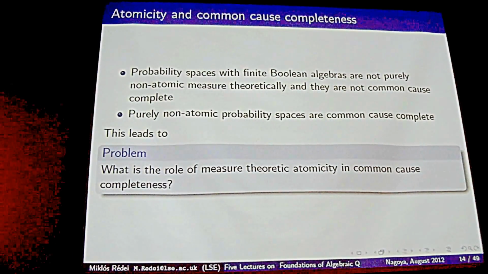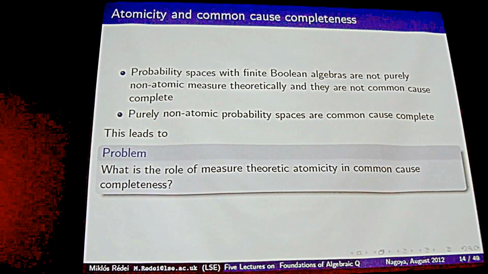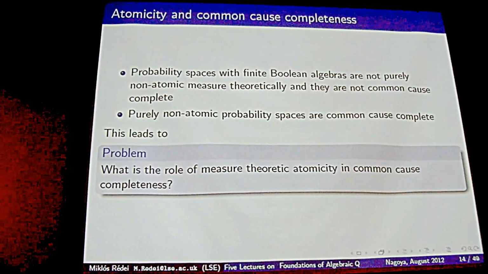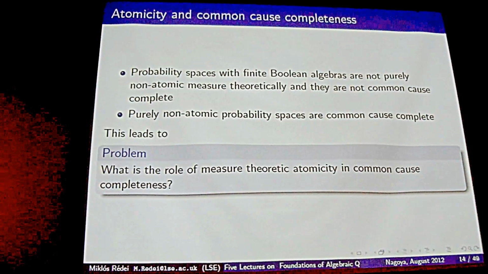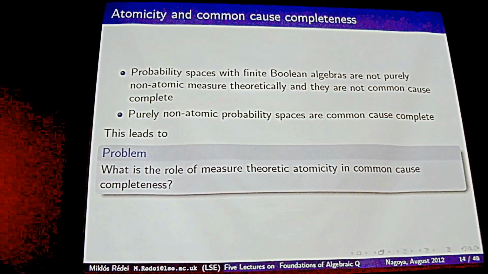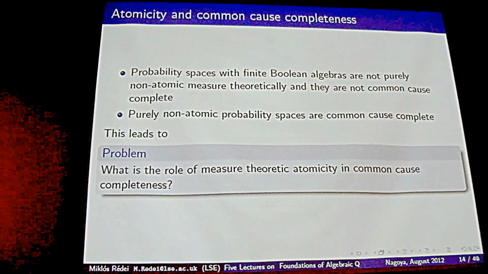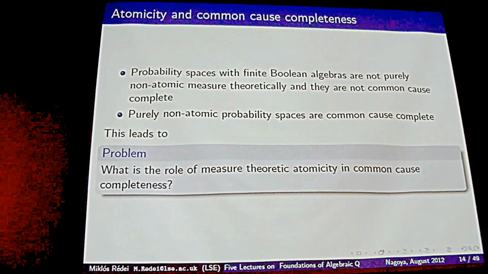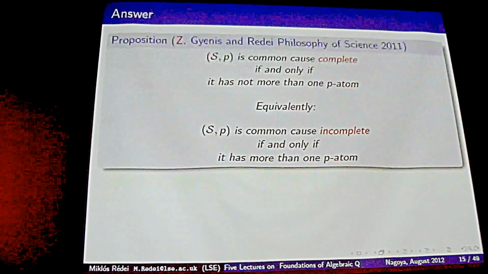Whereas the purely non-atomic ones are common cause complete. So the question is, what precisely is the role of measure theoretic atomicity in common cause completeness? Clearly, one fears that measure theoretic non-atomicity somehow is directly relevant for common cause closedness. And indeed, that turns out to be the case.